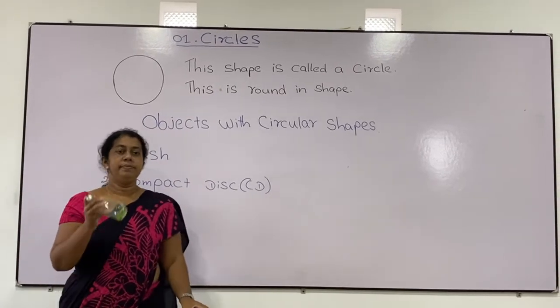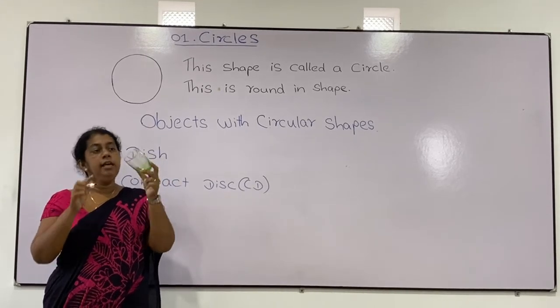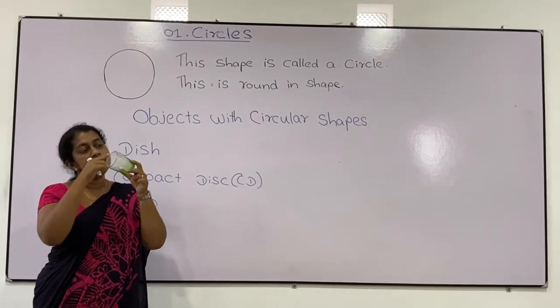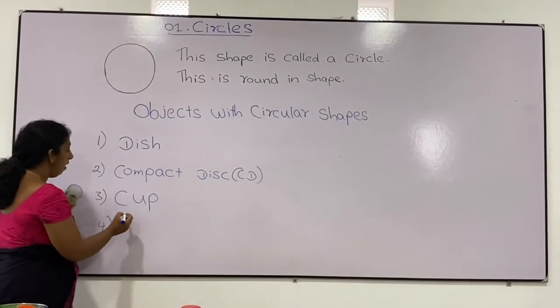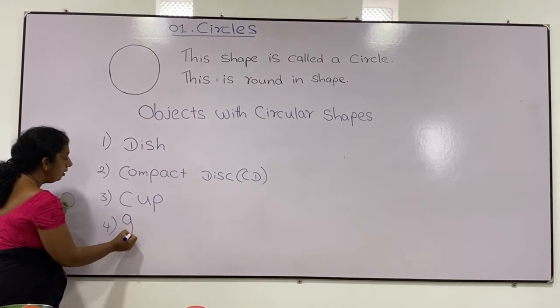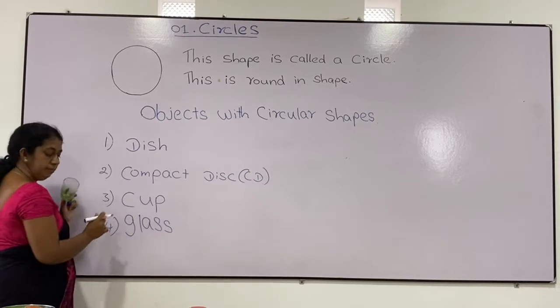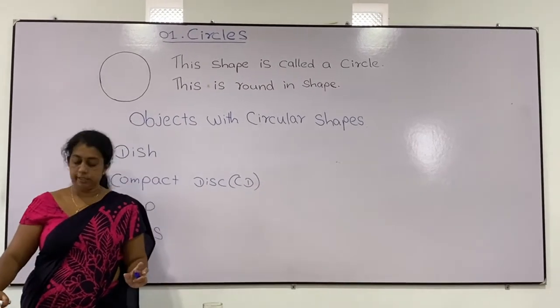What is this? This is a glass. You can see a circular shape on this glass. So, we can write another object, a glass.